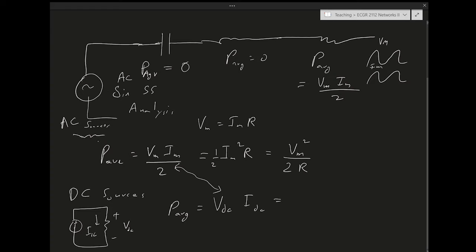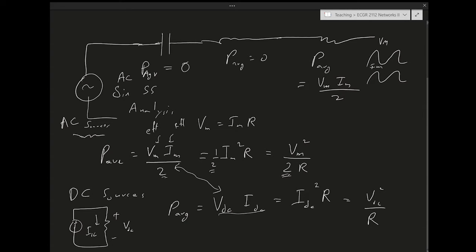So we want to use this to define an effective voltage or an effective current that is equivalent to the DC case. I'll describe that in a bit. The DC source's average power is just this, and from Ohm's law I can rewrite it as IDC squared R, and VDC squared over R. Notice it's different: here we have the extra half.